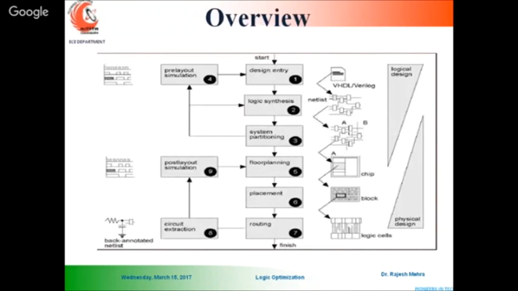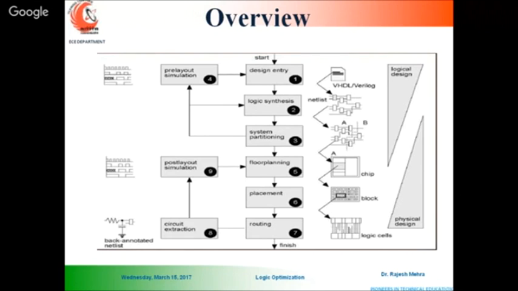Before going into the detail of our complete design, let us refresh the VLSI design flow. This is one diagram from where you can easily view the design flow. Here you can see that our design entry can be in the form of VHDL or Verilog. You have the option to go straight away with a schematic also, but here we have shown the flow starting from VHDL or Verilog.